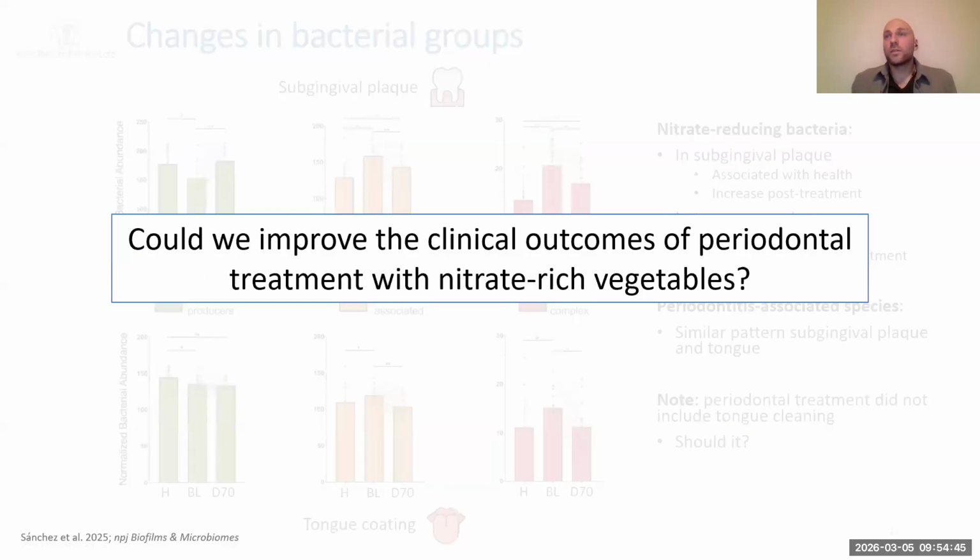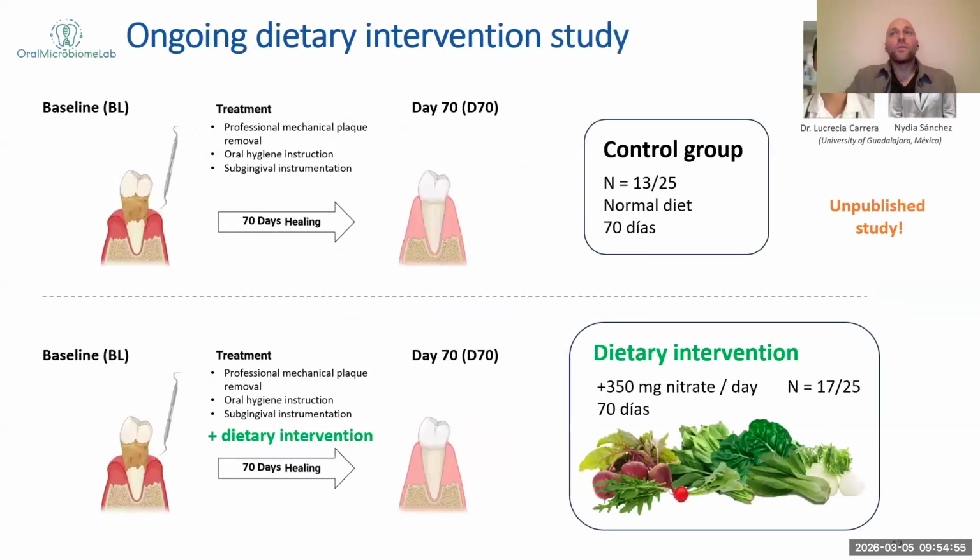And these results made us wonder if we could improve the clinical outcome of periodontal treatment with nitrate-rich vegetables. So we set up another study with the group in Mexico that also collaborated with us in the previous study.